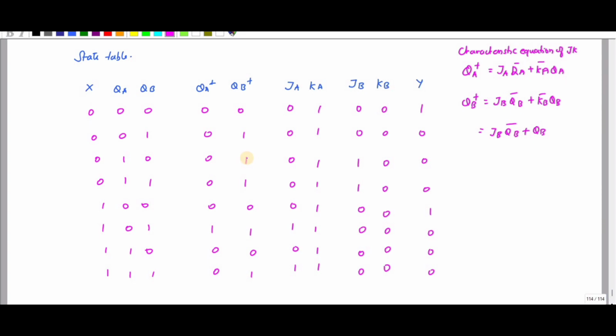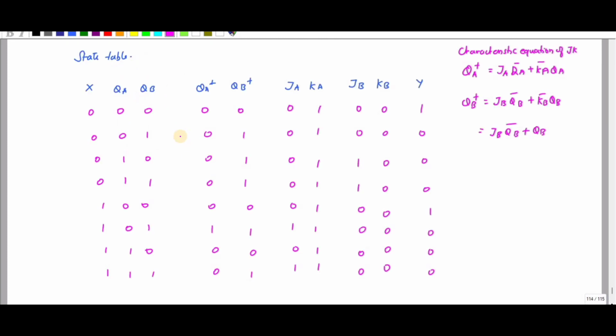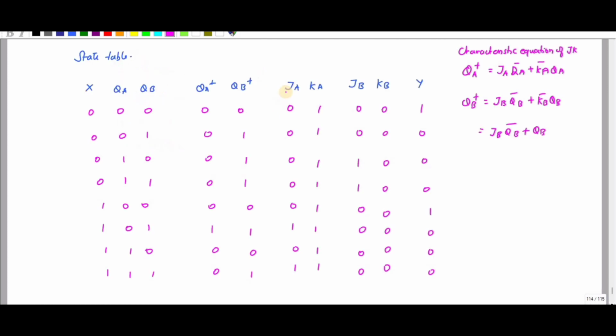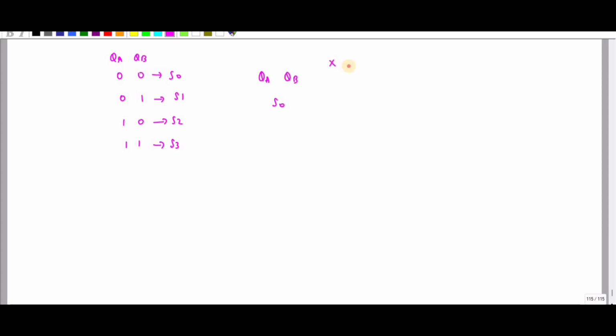So now I am going to replace the state table using state names. QA QB 0 0 is S0, 0 1 is S1, 1 0 is S2, and 1 1 is S3. For S0, when X is equal to 0, what are QA plus and QB plus?